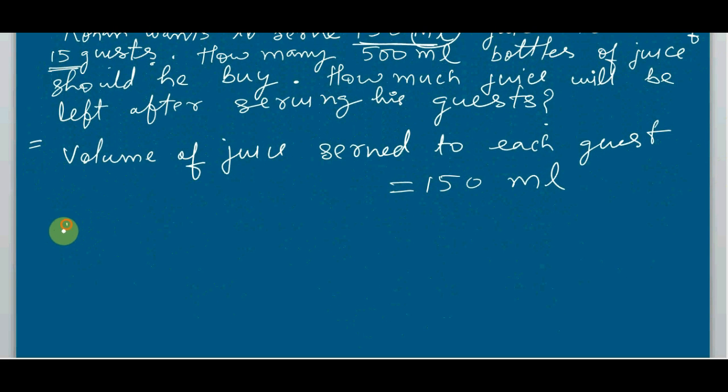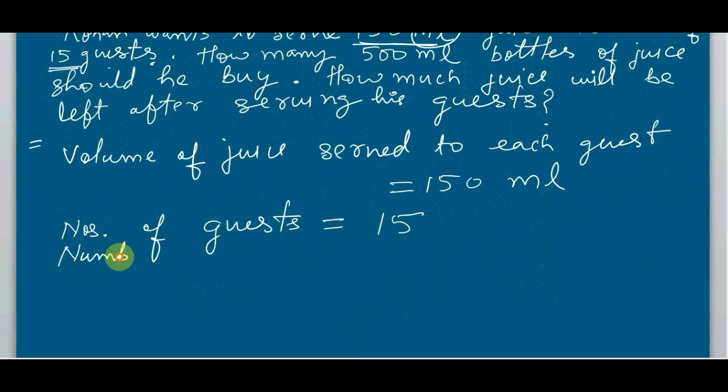So we will write here numbers of guest equal to 15. I am writing here NOS and full stop, right? You can write it fully like this, NUMBER. Okay, don't hesitate, don't confuse between these. So I have written the two statements, first one for the 150 milliliter and second for the number 15.